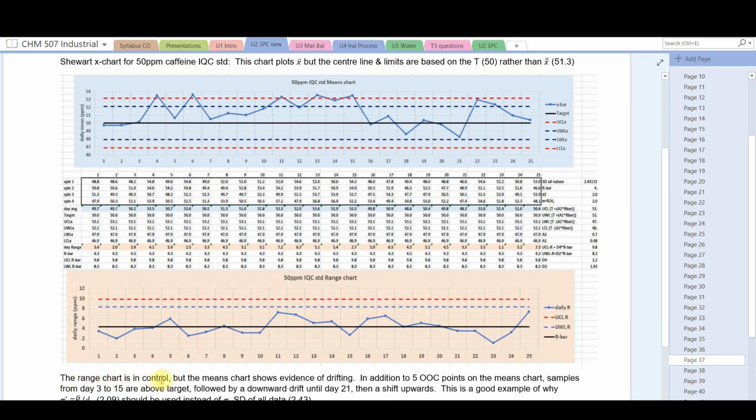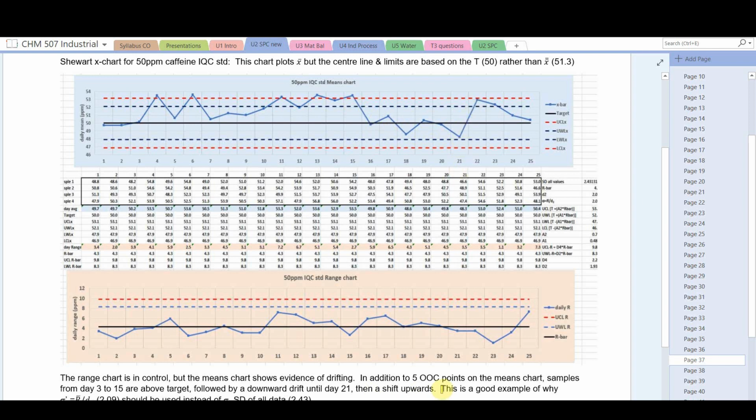At the bottom here, the range chart is also shown. The range chart appears to be in control, but the means chart shows evidence of drifting. In addition to 5 out of control points, 1, 2, 3, 4, 5, on the means chart, samples from day 3 to 15, from here all the way to here, are above the target, followed by a downward drift till day 21, and then an upward shift again.